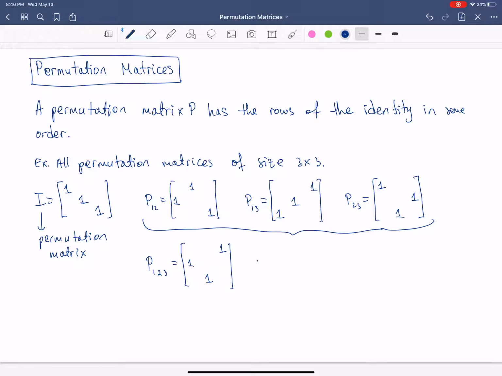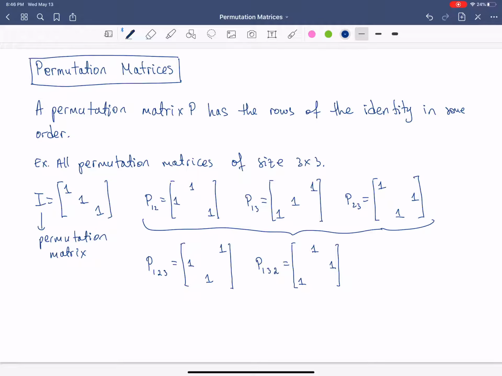And finally, the last permutation that we have is where we take the first row into the third, into the second, and the second into the first. These are also called cycles. So the first goes into the third. So we have a 1 here. Then the third goes into the second. So we have a 1 here. And the second goes into the first.